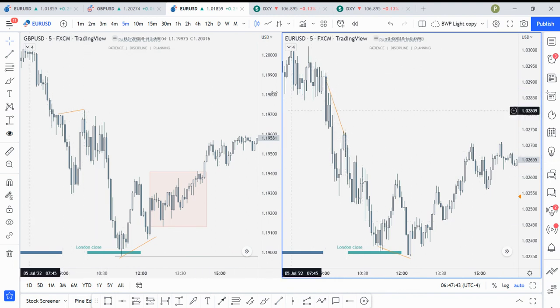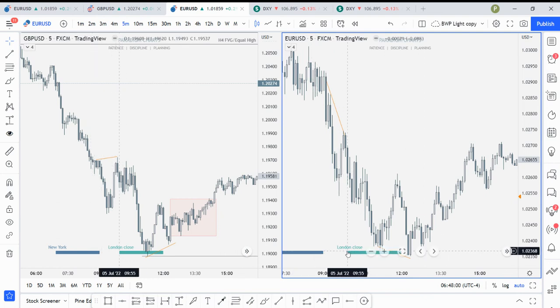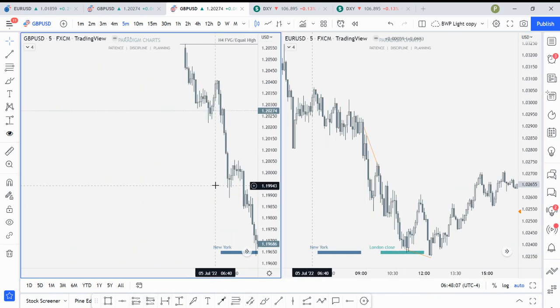So this is also happening between New York Q zone and London close Q zone. Remember, New York Q zone and London close Q zone are linked together, 7 to 10, 10 to 12 New York time.